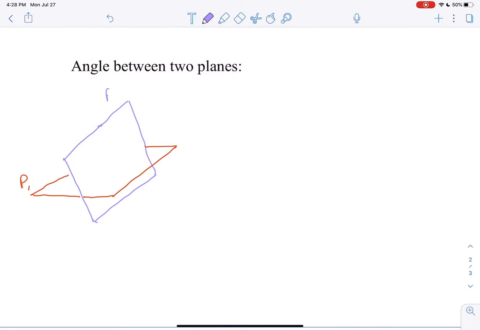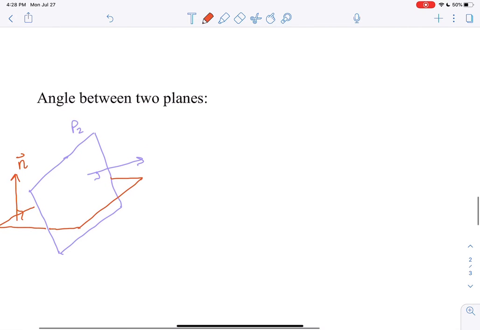Those are going to have their own unique normal vectors. So the angle between two planes is equal to the angle between their normal vectors.